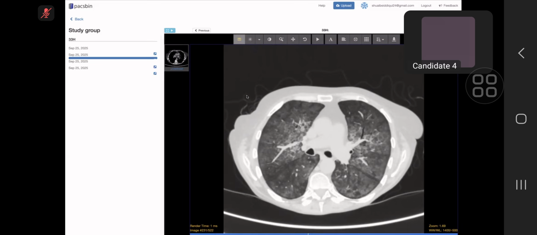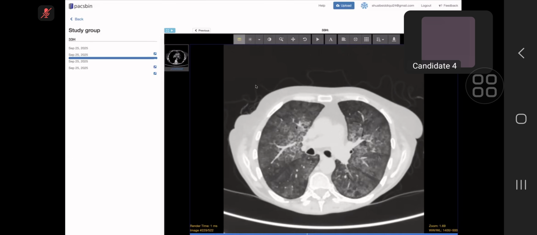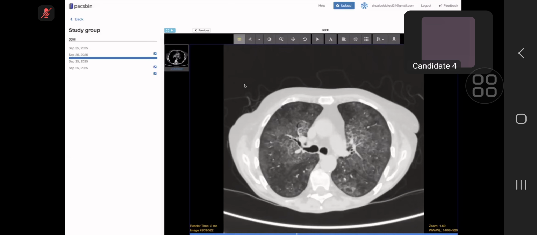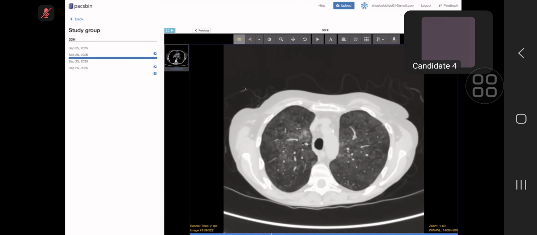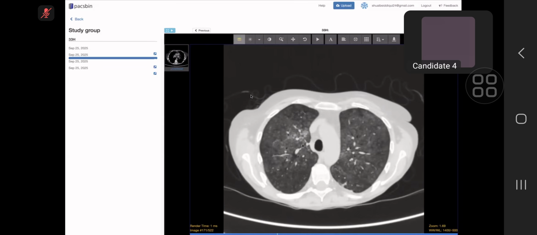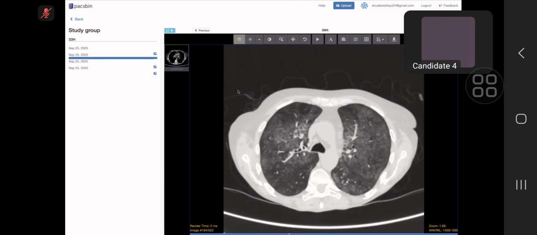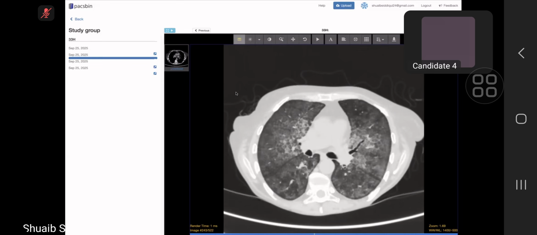I would like to comment on the lymph nodes in the mediastinal window image. Based on these findings, this gives the appearance of crazy paving, which is mostly seen in pulmonary alveolar proteinosis. There is no evidence of pleural effusion on either side.